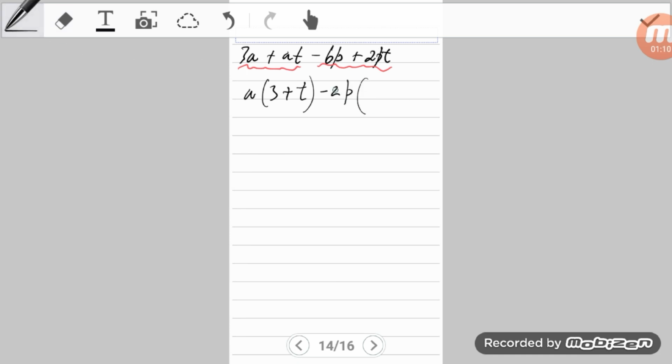Now, -2 goes into -6 3 times, and the p will cancel the p. I believe this is a negative sign. So negative into negative goes positive, and -2 into -2 cancels, p cancels p, and we are left with t.